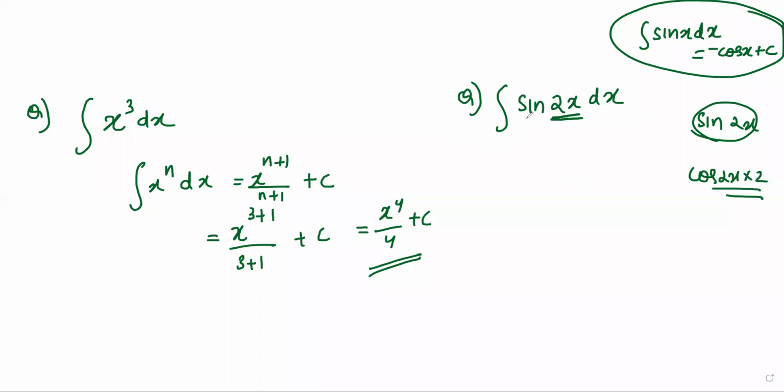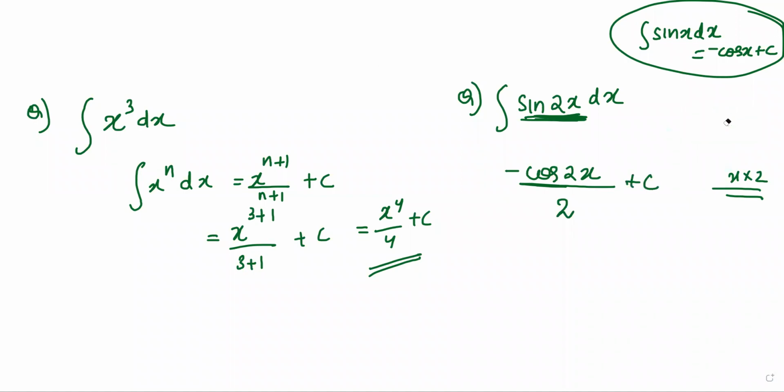So what is the integration of sin 2x? That is minus cos 2x, isn't it? Then you have to divide by the derivative of 2x. What is the derivative of 2x? Derivative of 2x is 2. You have to divide with that. Plus c. Understood?